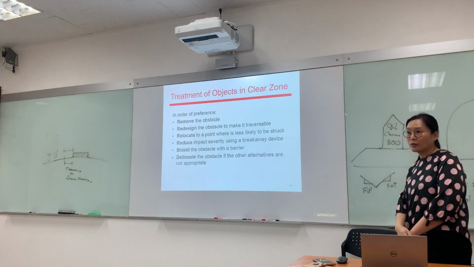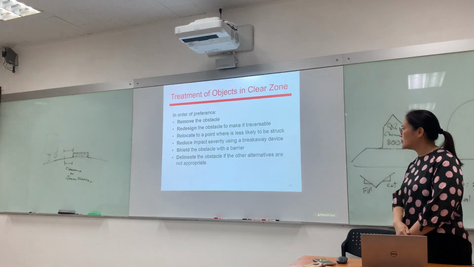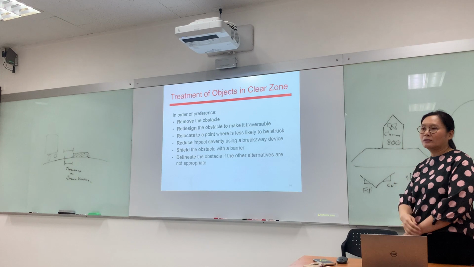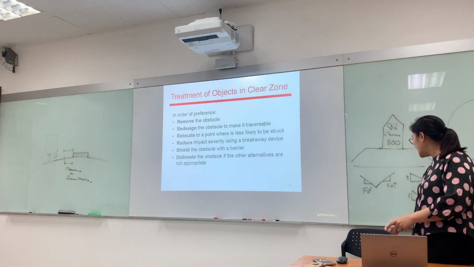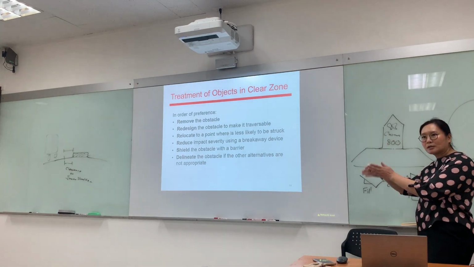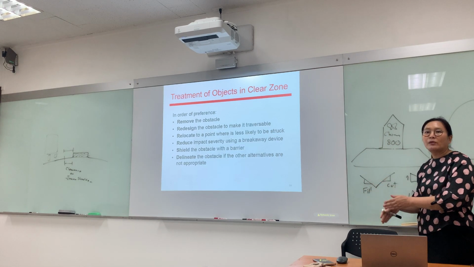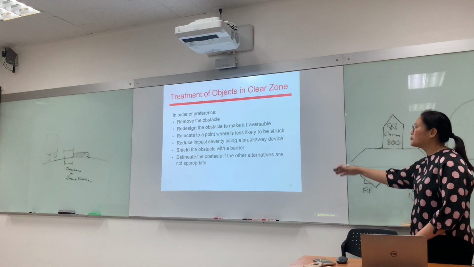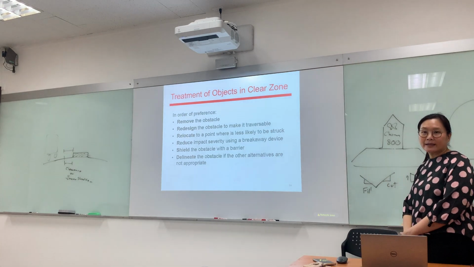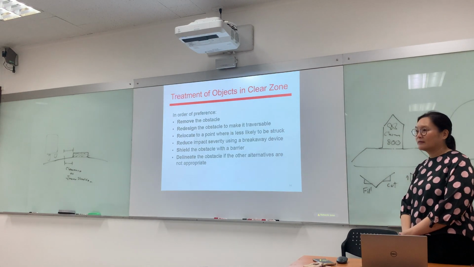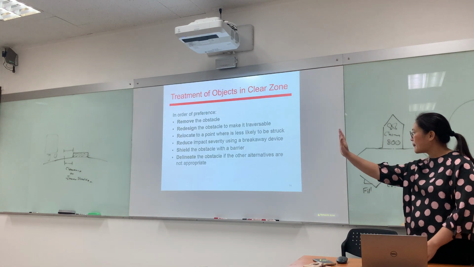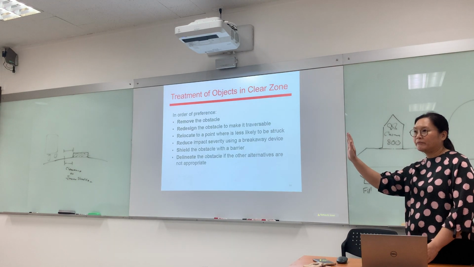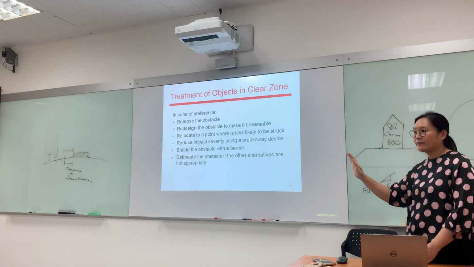This is to shield. But if you cannot shield, why? Because the obstacle is so close to the edge of the travelway. You have no space to install the barrier. Last option, delineate. What is delineate? Put some reflective sign so that people can see it clearly.